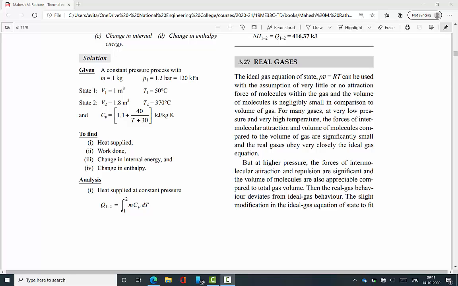The ideal gas equation of state PV equal to RT can be used with the assumption of very little or no attraction forces between molecules within the gas, and the volume of molecules is negligibly small in comparison to the volume of the gas.